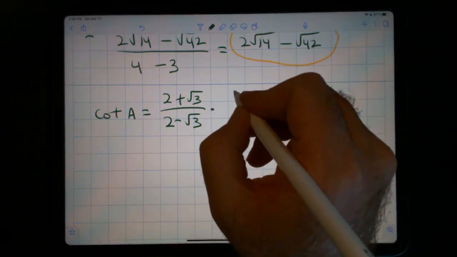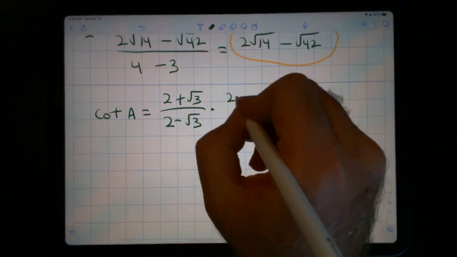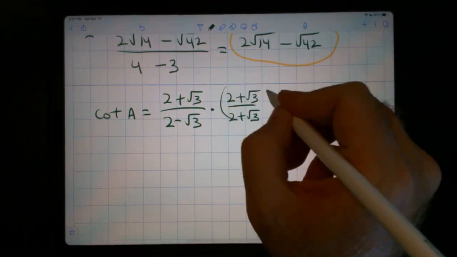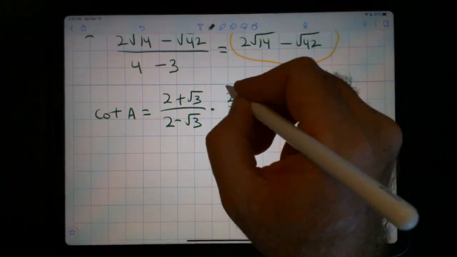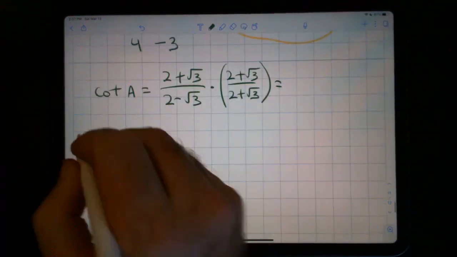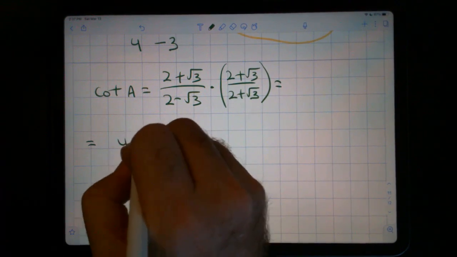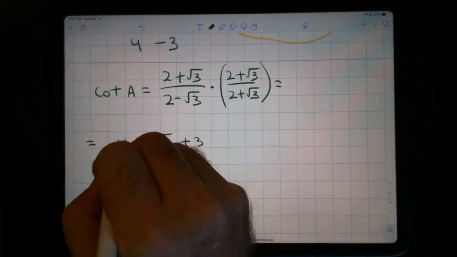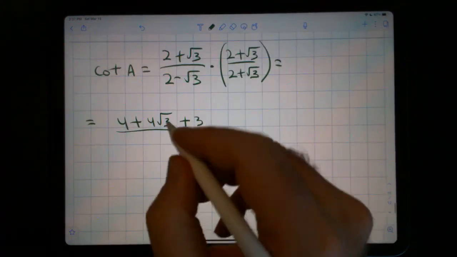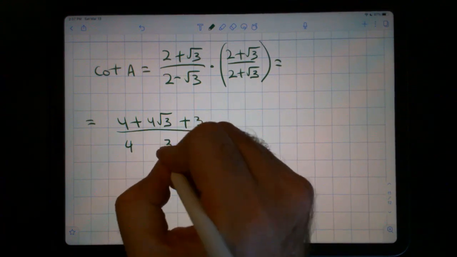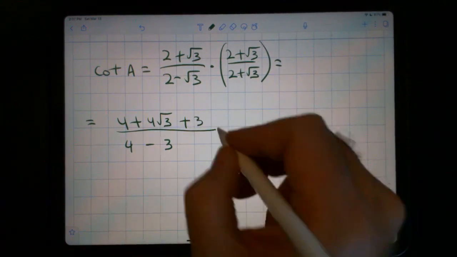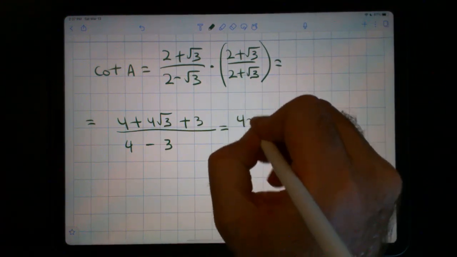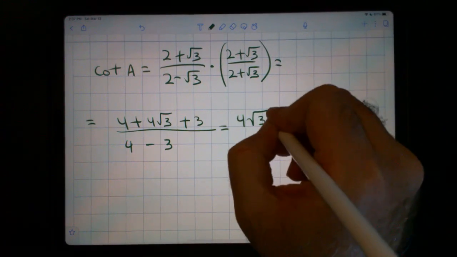Multiply this by the conjugate. And then we're going to square the first term, square the second term, and subtract. You have a 1 in the denominator, doesn't change anything. So this numerator is going to be 4 radical 3 plus 7.